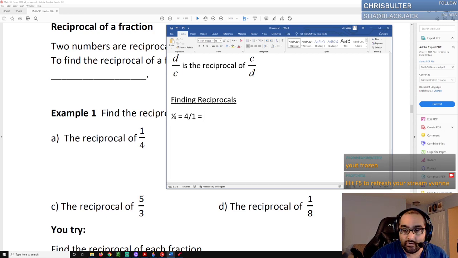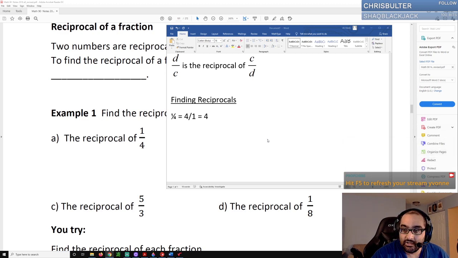So another way to write 4/1 is just going to be 4. Just to let you know, that's just going to be 4 at the end of the day. The reason why I ask you that specifically is to keep in mind that we're going to use this little fact in other problems.